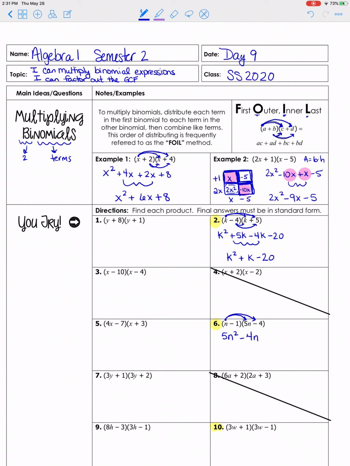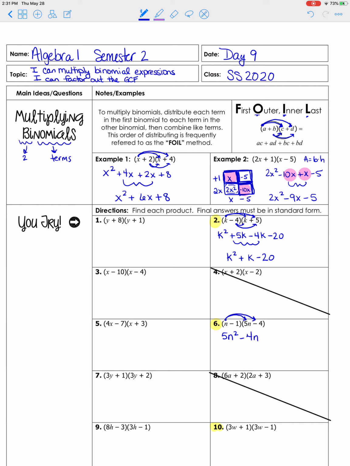Okay, last but not least, let's do example number 10. So 3w times 3w is 9w squared. Notice that the coefficients, the constants, went together and the variables went together. Then we take the outsides. 3w times negative 1 is minus 3w.